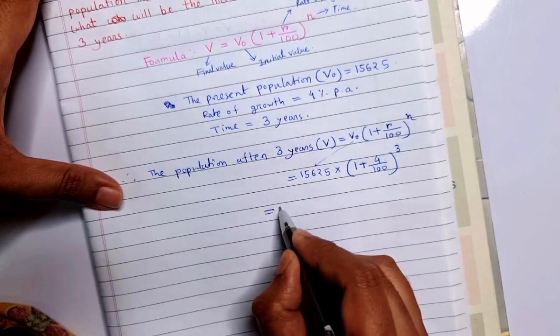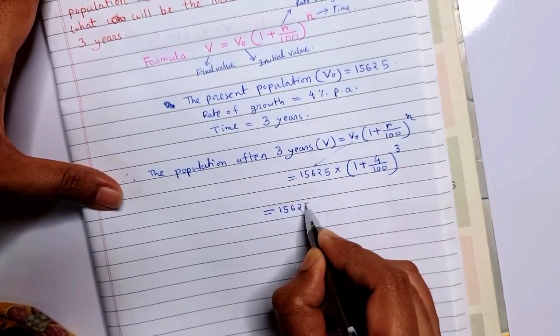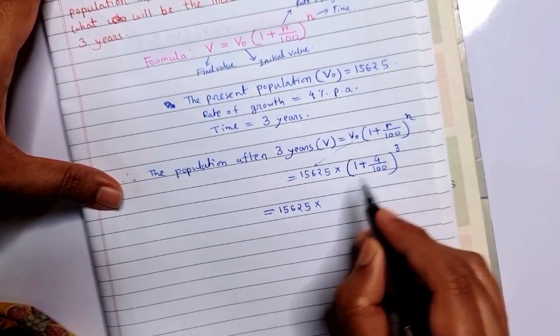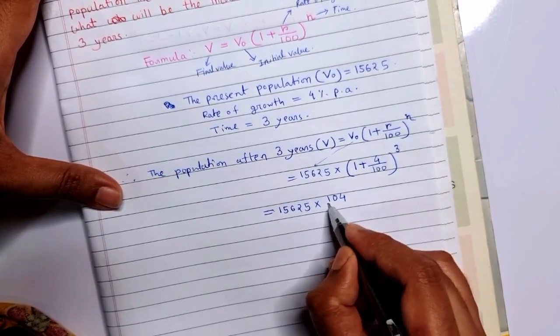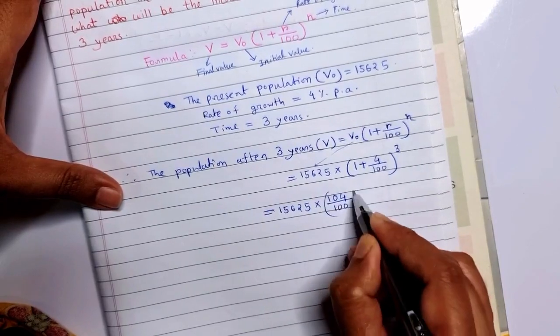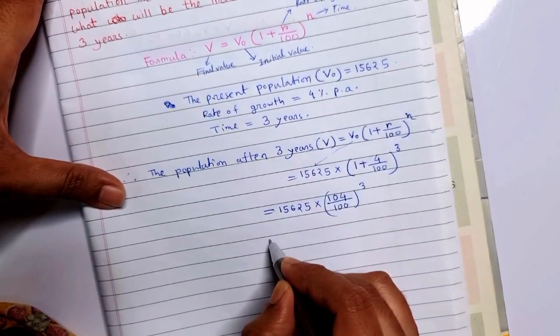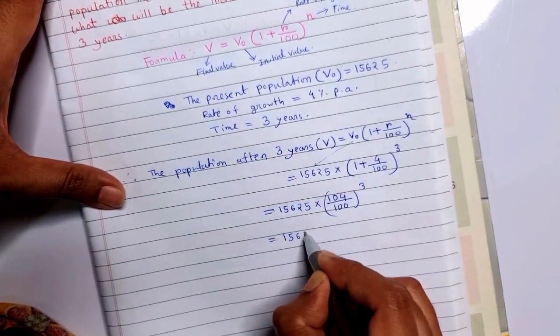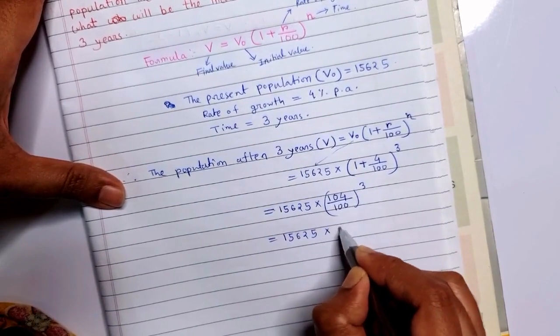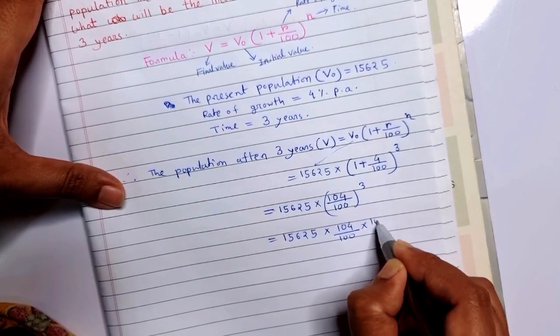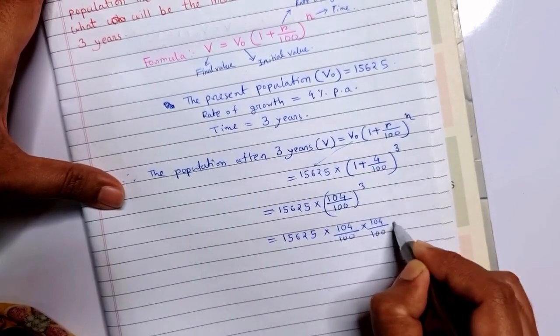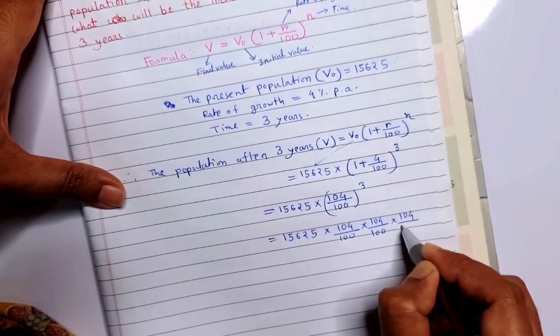Now let's simplify. 15,625 times (104 by 100) whole to the power 3, which means 100 plus 4, 104 by 100, whole to the power 3, is equal to 15,625 multiplied by 104 by 100, 104 by 100 and 104 by 100.